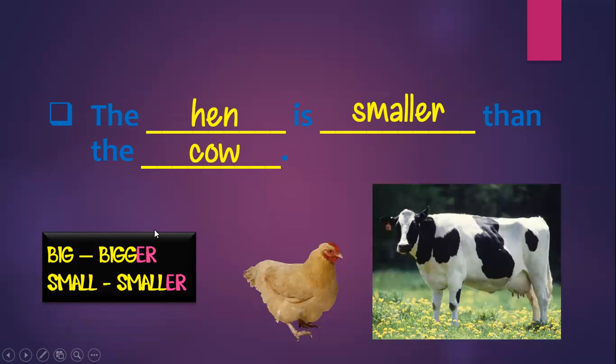But remember that in this type of sentence, we are comparing these two animals. And when we compare, the adjective must be added the -er. And we have bigger, smaller. Okay, good. So remember, the hen is smaller than the cow.